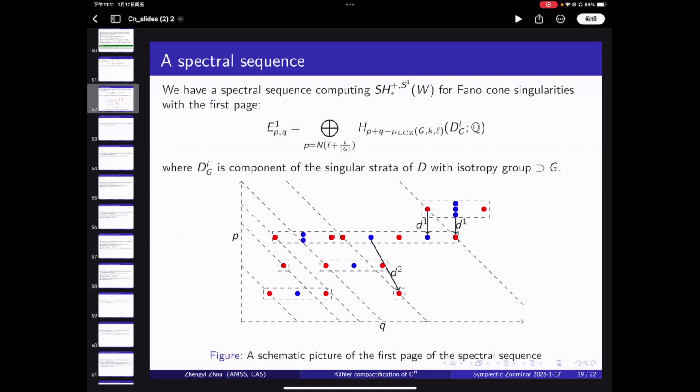I think that's already enough to know the leading term will not vanish. Of course, in our case, the Fano cone singularity will tell you the Fano index is bigger than 0. That essentially means that all these cone singular indices are growing. So you can always pick out this minimum one.